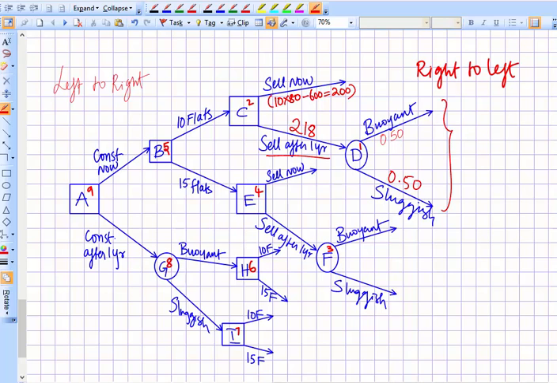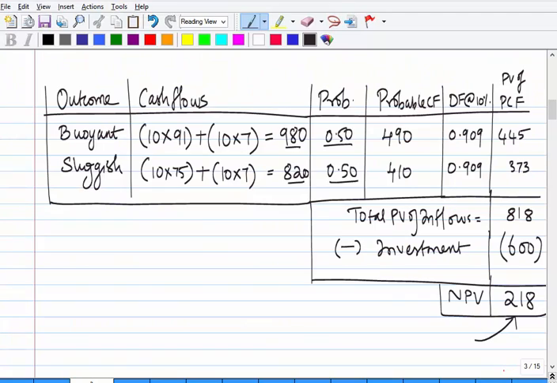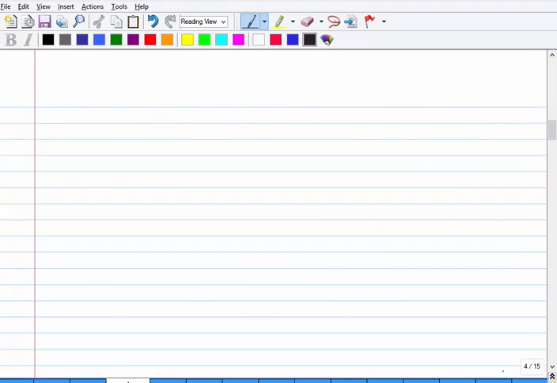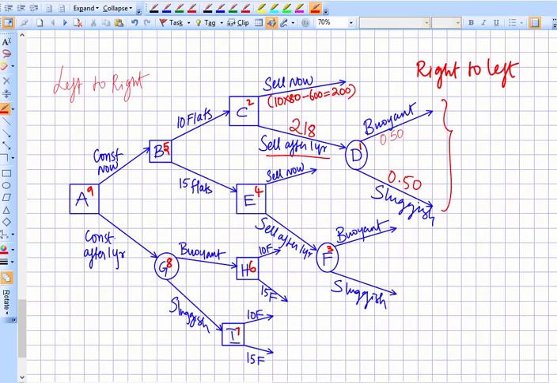It means now we should do the evaluation at C. Let me write that. Evaluation at C. And please remember, there is a difference between the evaluation made at D and C. D is basically a chance node where you don't have a choice, whereas C is a decision node where you have a choice.